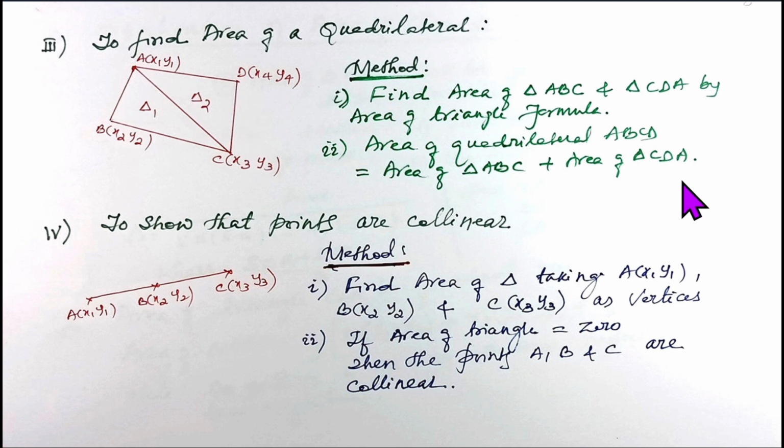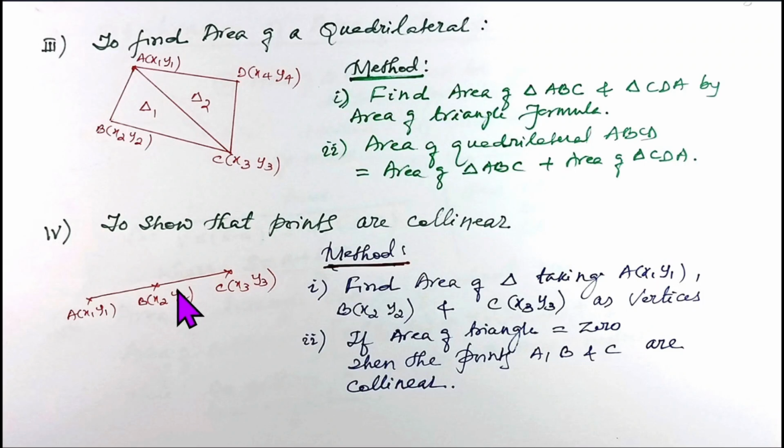Remember that. Also, the area of triangle formula can be used to show that points are collinear. We had used the distance formula to prove that points are collinear; we can also use the area of triangle formula. The coordinates A (x1, y1), B (x2, y2) and C (x3, y3) of the points A, B and C are given.